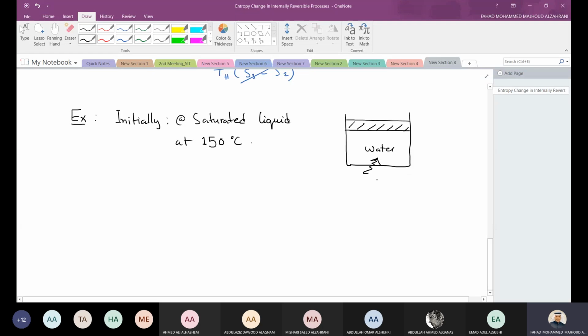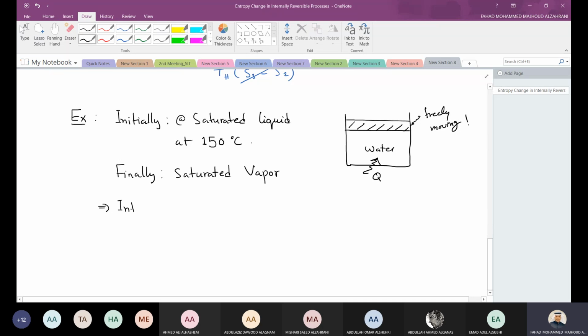So we start adding heat to the water until the final state, which is saturated vapor. Assuming this piston is freely moving, so there is no friction, we can assume this is internally reversible.